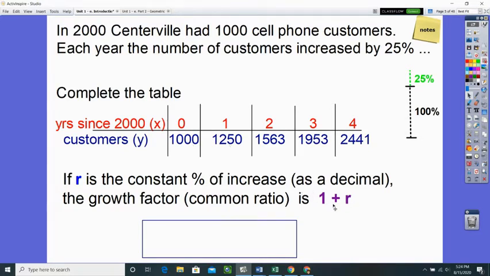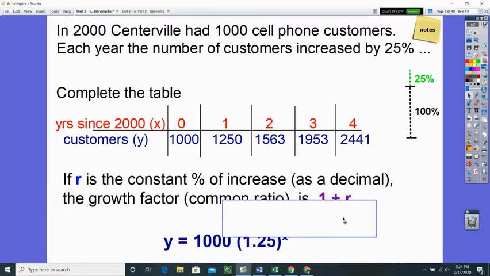So if we multiply by a growth factor, which will always be 100% of what you already had, which is represented by the number 1, the whole, and add it to your increase, which in this case would be 0.25, your growth factor would be 1.25.